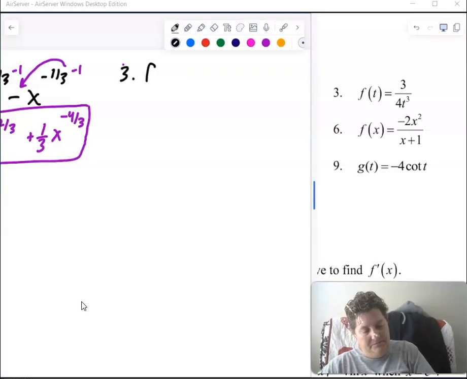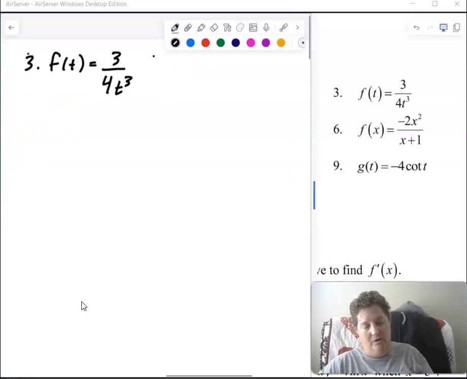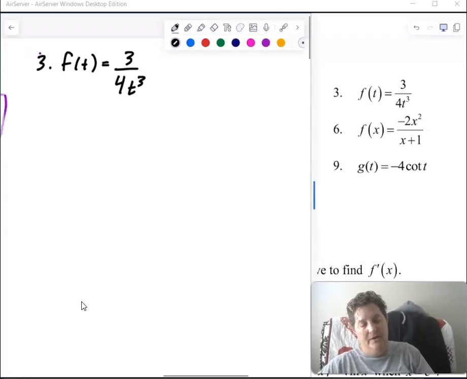Now a lot of these problems are going to test you on if you know the easiest way to do this. Now you could decide to do this, probably not the easiest way, but you could do it that way. I'll show you.